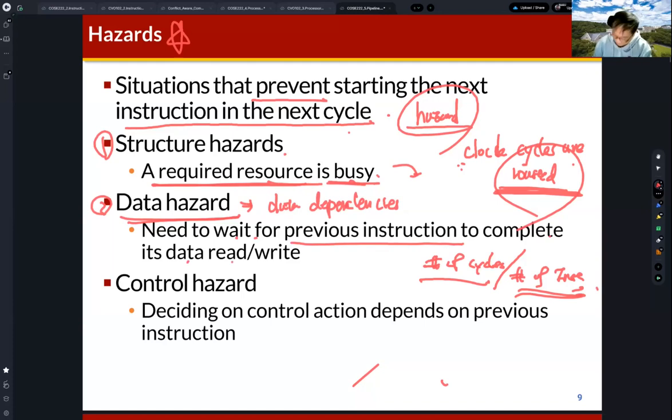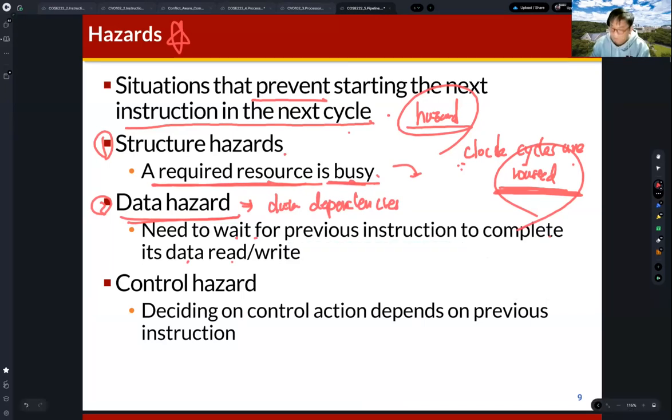What does that mean? When you write code, we frequently use data with a data producer and a data consumer, like A equals B plus C and then D equals A plus 1.